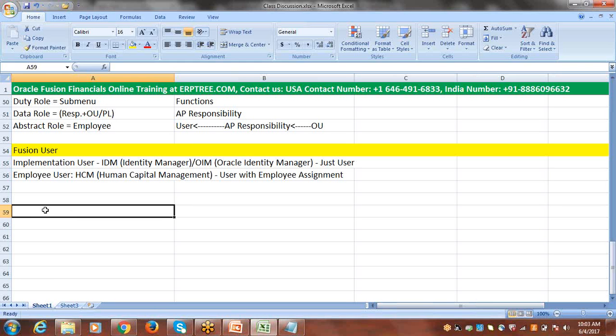Say, for example, you have a user, one consultant called ABC consultant, who is going to do the implementation.